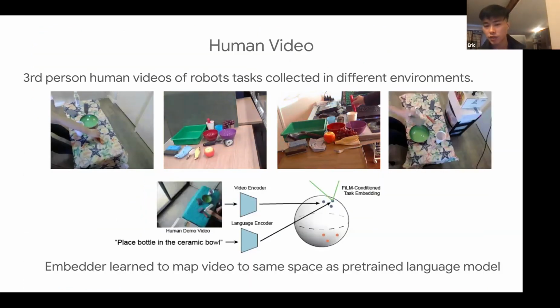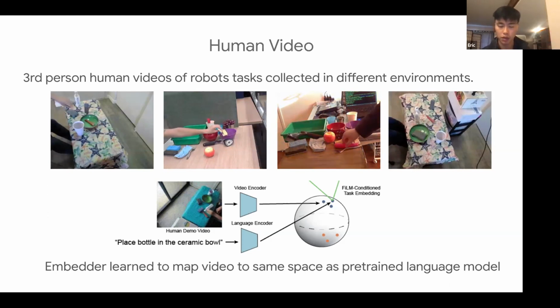In addition to language, we also study learning video representations, where we have humans use their hands to do the task, and we try to project it to the same space as the language model. It turns out that we needed to actually align the videos to the same language space in order to get the task generalization capability, which suggests that there's something interesting about the structure of language separately from just training some kind of input modality telling the robot what to do.